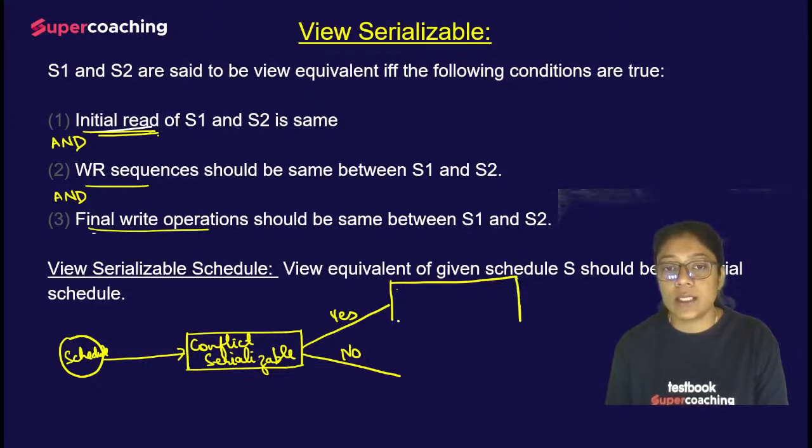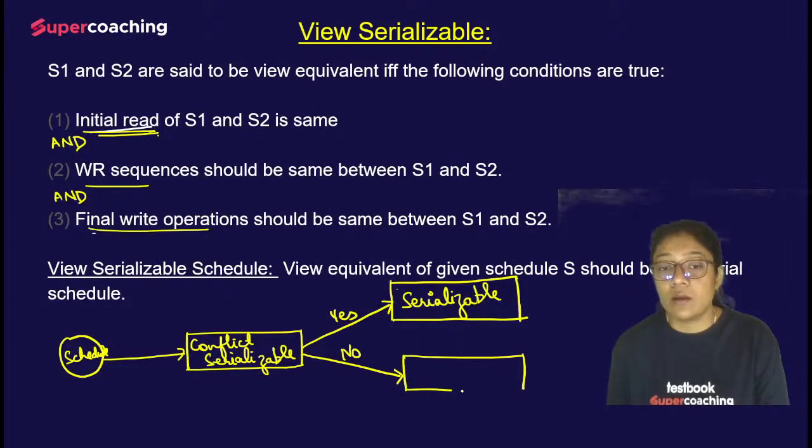So we will say that the given schedule, if it is conflict serializable, surely it is serializable. But if it is not conflict serializable, then we'll check for view serializability.